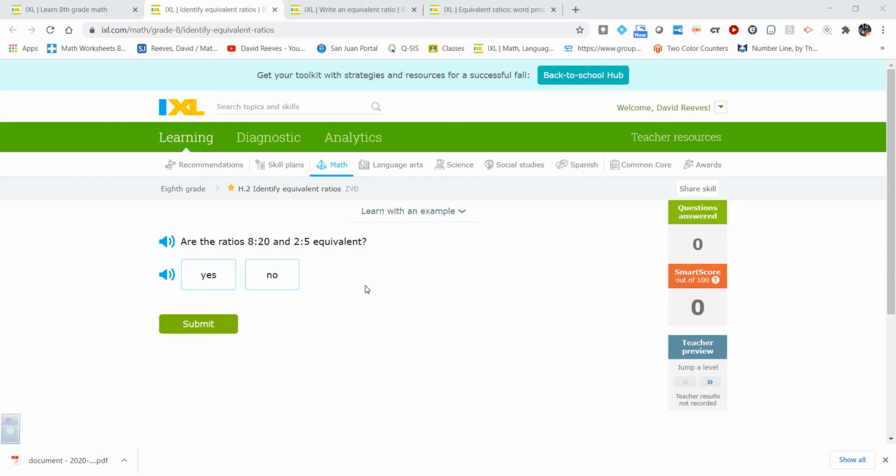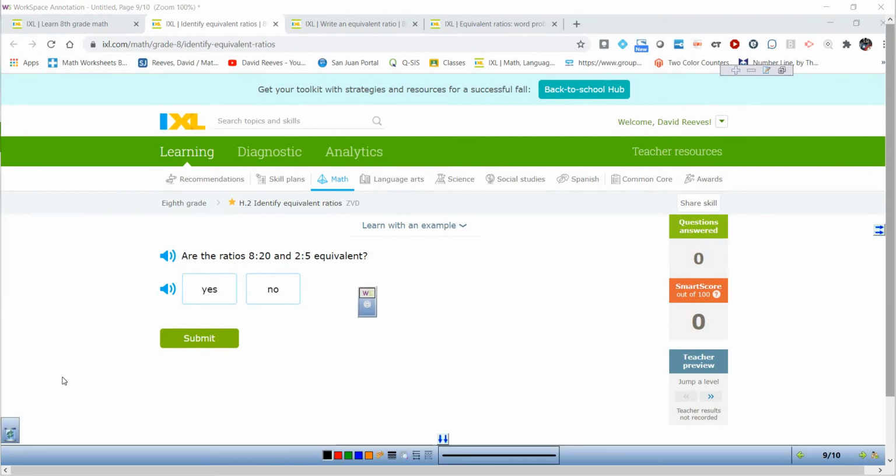Our first question here: are the ratios 8 to 20 and 2 to 5 equivalent? I'm going to write them as a fraction: 8 over 20, or 8 to 20, and 2 to 5. If you look at 2 to 5, you will notice it does not simplify. There are no common factors other than 1.